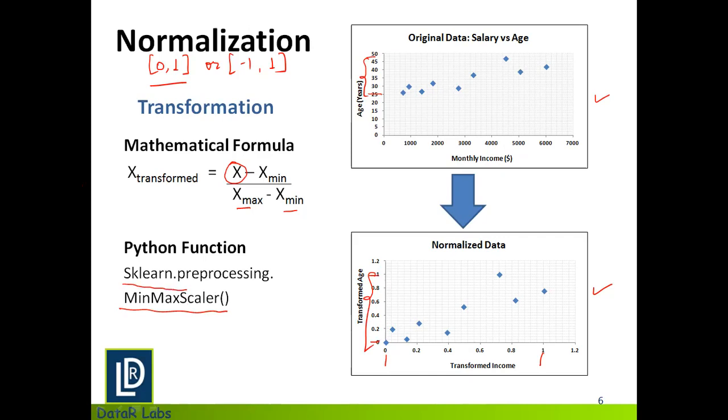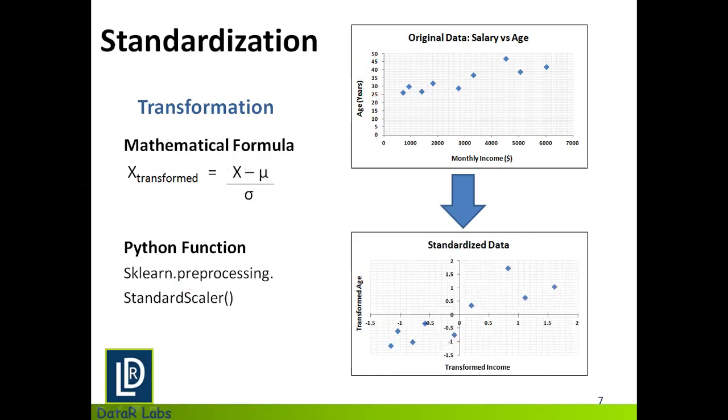Now, similar to this, we have another technique, which is standardization. What standardization does is, again, it's on the same lines as normalization. The only thing which is different in this case is that it's using a different algebraic formula to transform the variable. The formula we have in front of us is this one: instead of x minus x min over x max minus x min, we have x minus mu over sigma.